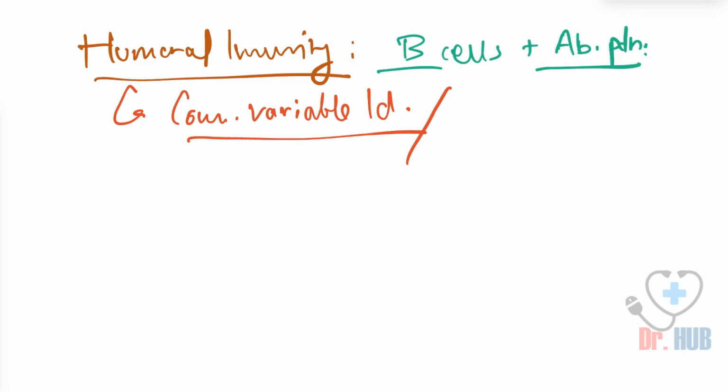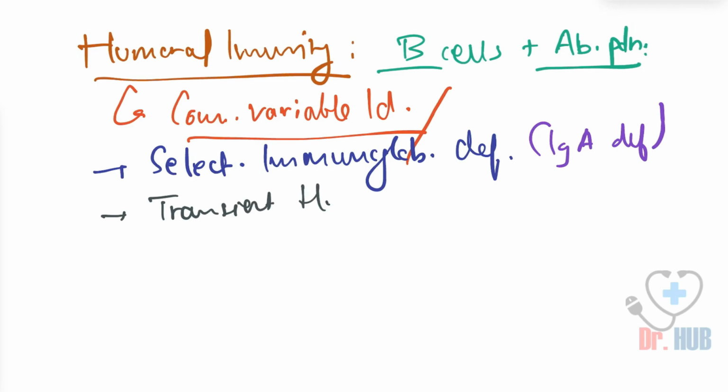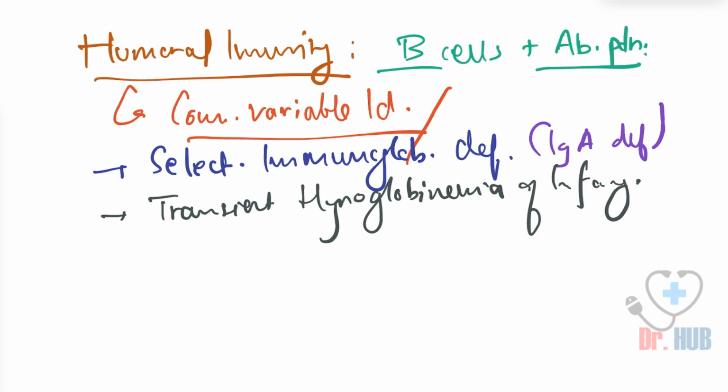Next, it also includes the selective immunoglobulin deficiency, such as the IgA deficiency. And next, we also have the transient hypogammaglobulinemia of infancy. Next, we also look at the X-linked agammaglobulinemia.